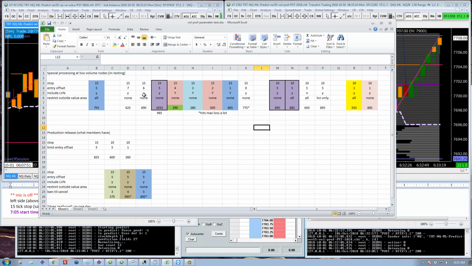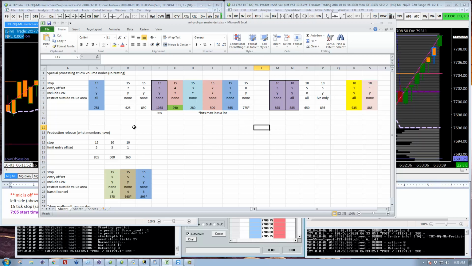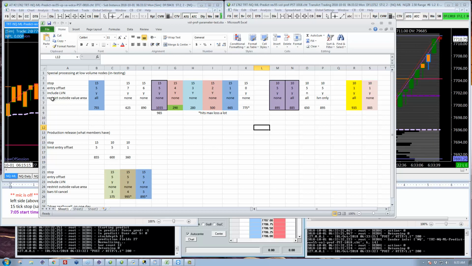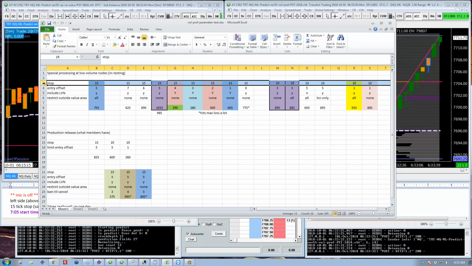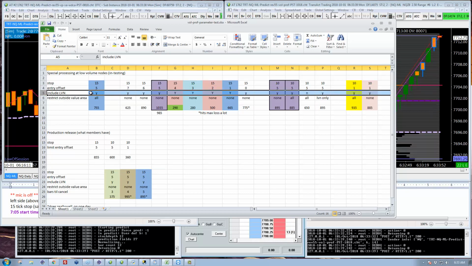But once you start testing different options, you very quickly realize that's not the case. So it's the same thing here. The stop, entry, offset. Here is whether or not I include that special processing. Yes or no.